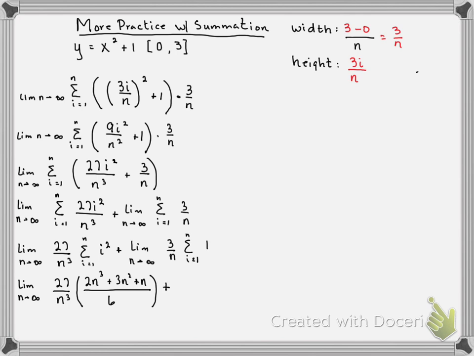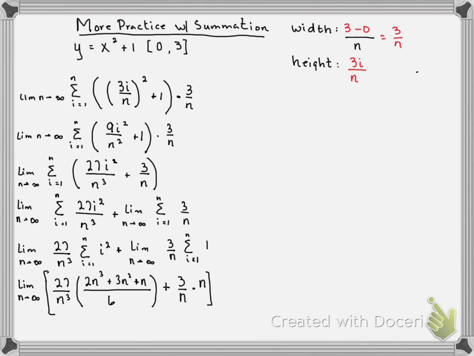And then again, plus, and we're just going to write that limit once because now we're taking the limit of the whole entire thing, 3 over n. And the constant summation is going to be times 1n, which is just times n.